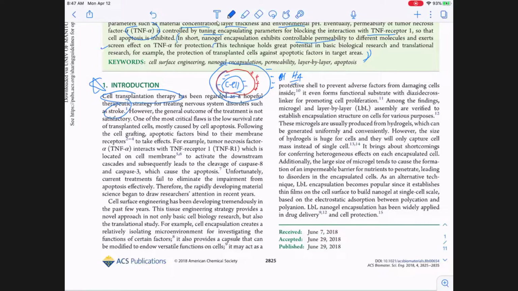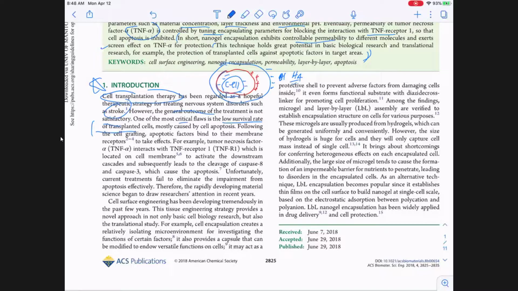We can inject the cell into the brain, but if directly injected, most cells will die overnight. So the general outcome of this treatment is not successful. The critical issue is the low survival rate of transplanted cells. You guys remember?